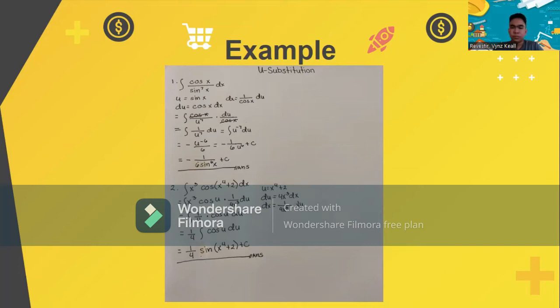Number 2, the integral of x cubed cosine of x raised to 4 plus 2 dx. Using u substitution, u equals x raised to 4 plus 2, and the derivative of x raised to 4 plus 2 is equal to 4x cubed dx, and dx is equal to 1 over 4x cubed du.